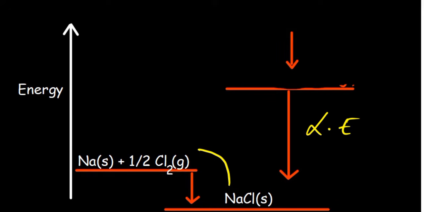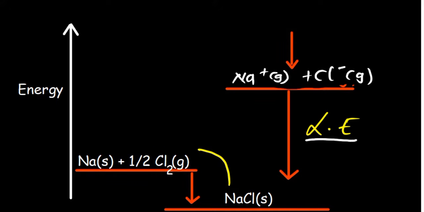Because at the end of the day, the final state we want to see is sodium in a gaseous state, and also chloride in a gaseous state as ions. So that reaction there is associated with what?